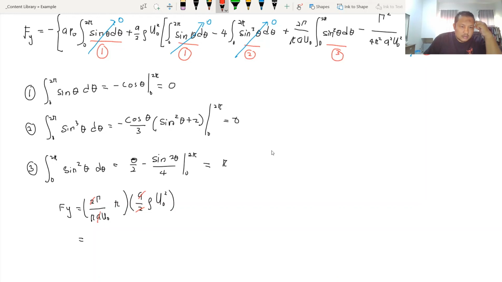And then what else we can cancel out? Okay, this also we can cancel out. And then what else? Okay, u squared over u. So the final equation that we have here is equal to gamma rho u. So that is a negative because we have a negative here.